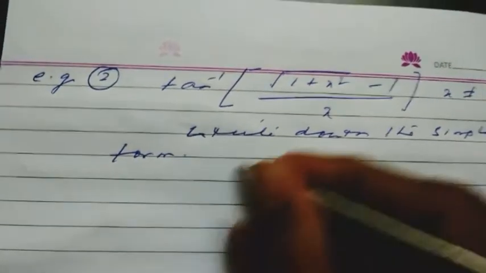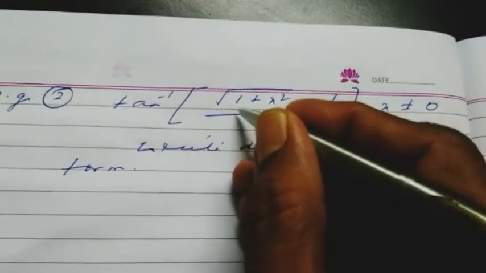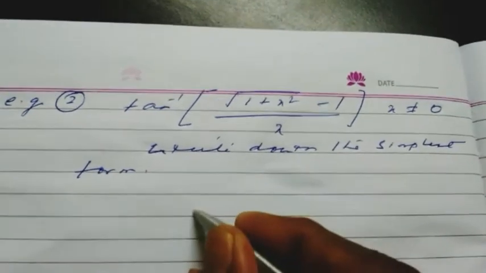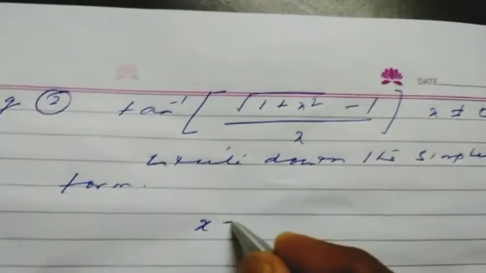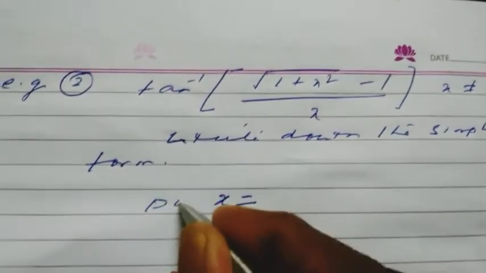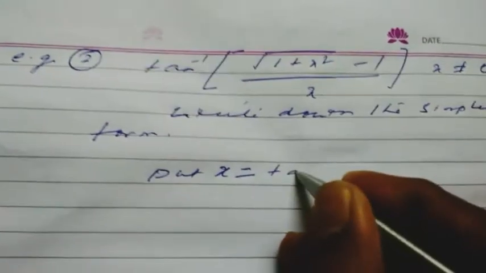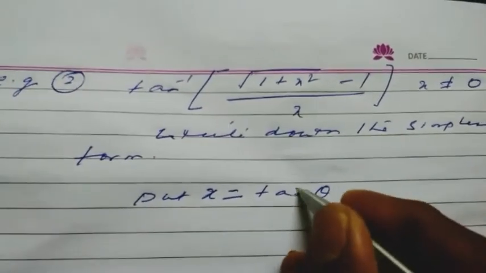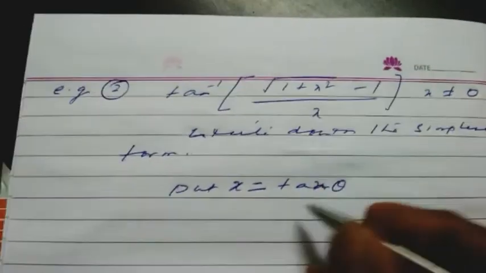How will we go about it? As we are seeing here, this is 1 plus x square, a square plus x square. For that, we have a rule. Put x is equal to tan theta, because here a is 1.